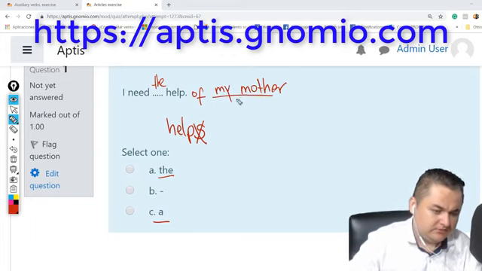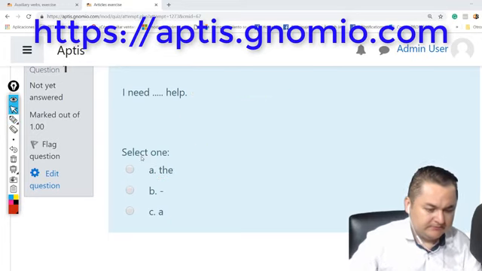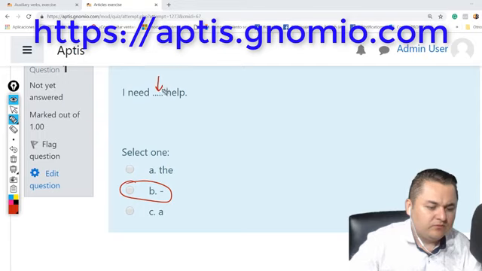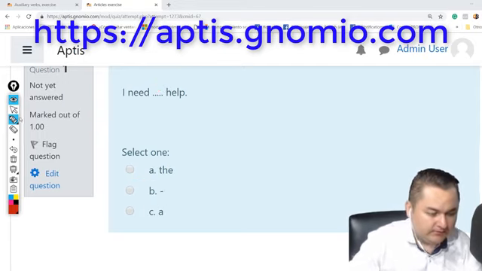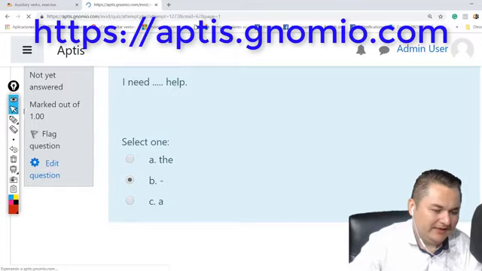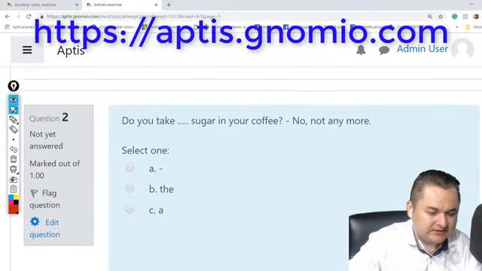But since I just make it plural and it doesn't make any sense, one of the best options I have is to leave it without article. It's the zero article by the name you'll find here on the platform. I just need help. I need help would be the exercise.